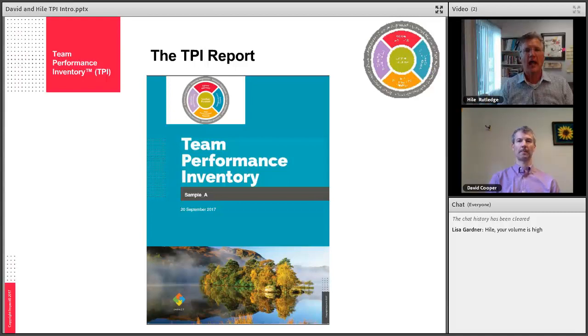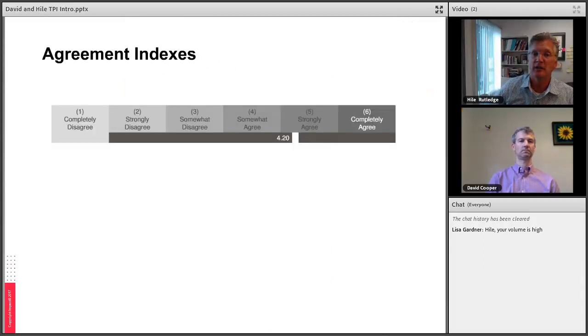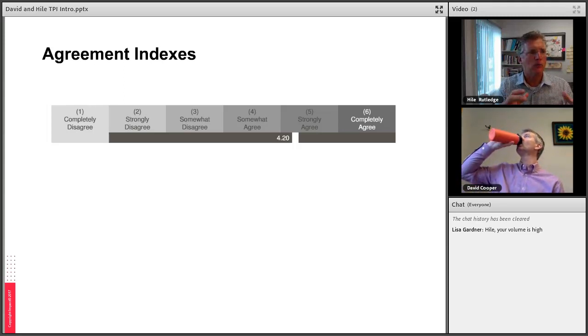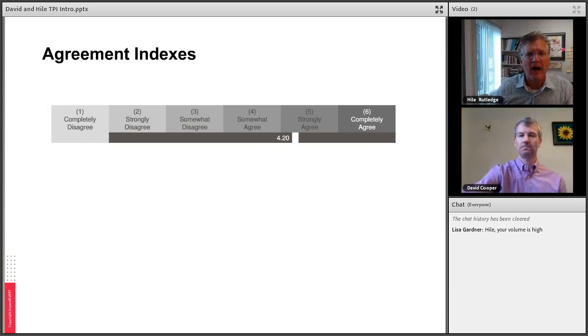So let's take a look at how the TPI came about from the model that David just introduced us to. Very early on, each one of these domains is presented in what's called an agreement index. Every one of those domains has within it 5 very specific questions, 5 very specific items that everyone comes in and reacts to.